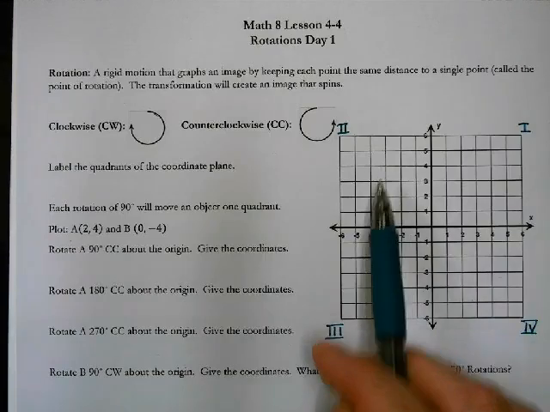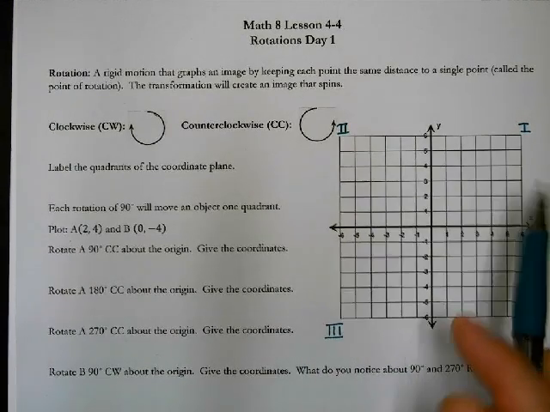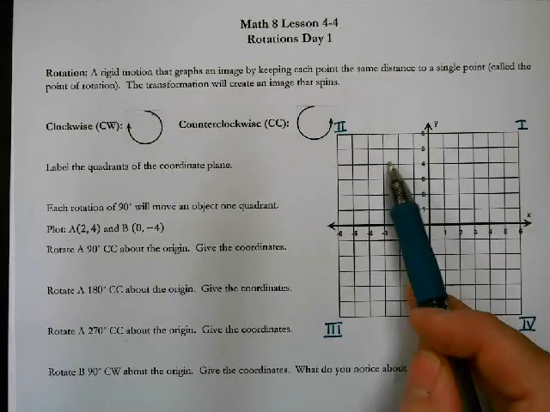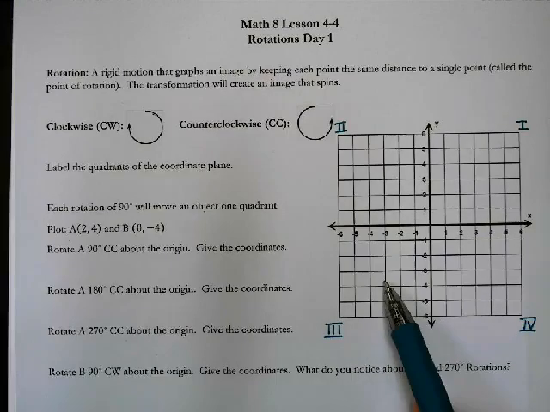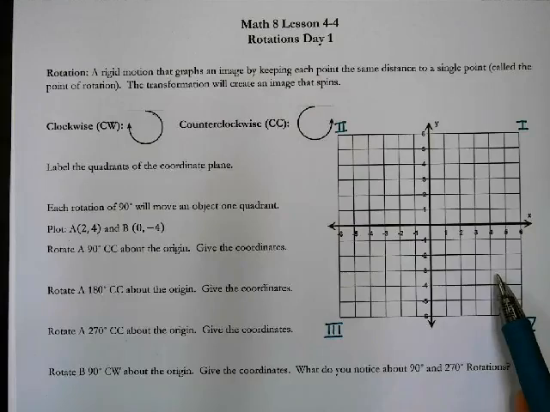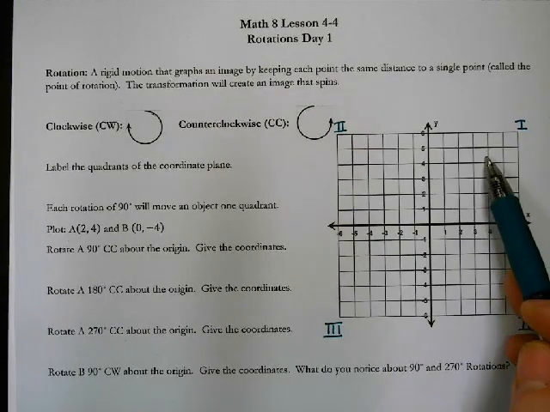But if I only want to do it one quadrant at a time, that would actually be in 90-degree increments, because 90 would put me here. Another 90 would put me here. Then now I'm at 180. The next 90 would put me here. That's 270. And then back to here, 270 plus 90. That brings me back to 360.